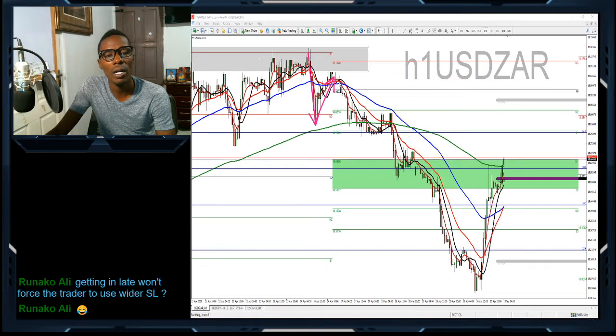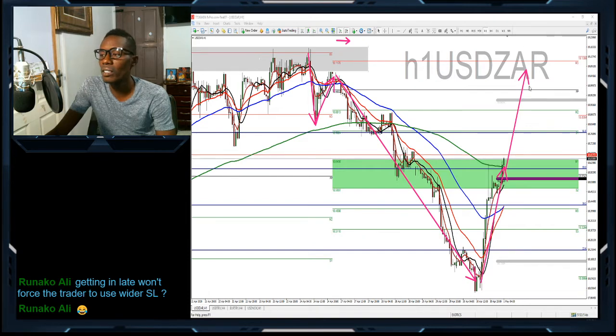Enter on the pullback, put my stop above the recent high, and just allow the trade to take off. Even though it's up right now, it may even come back and retest the high, but I'm still a bear on the asset.